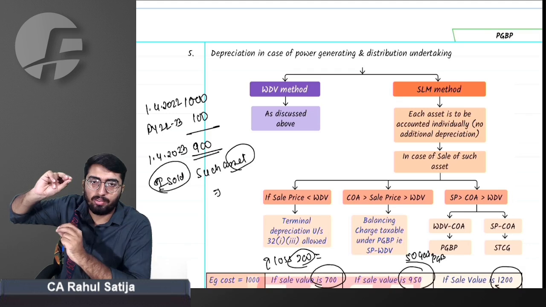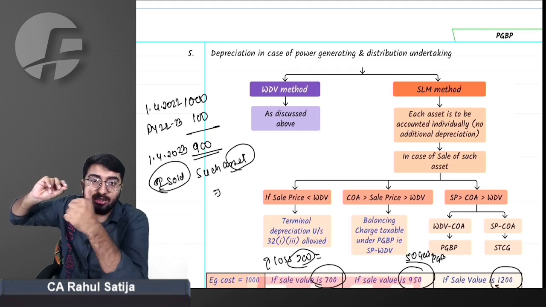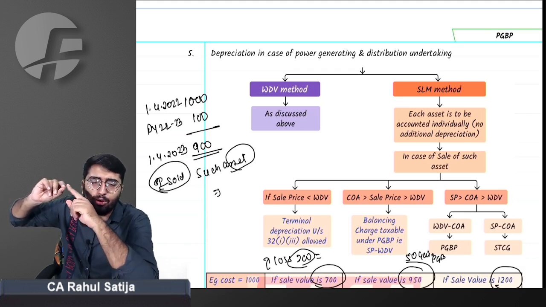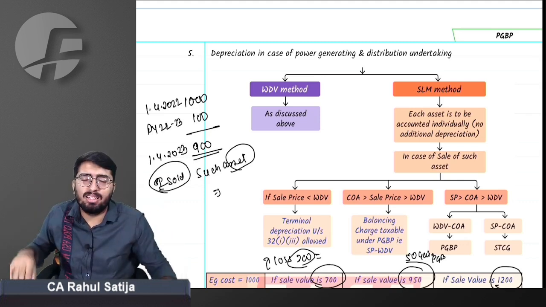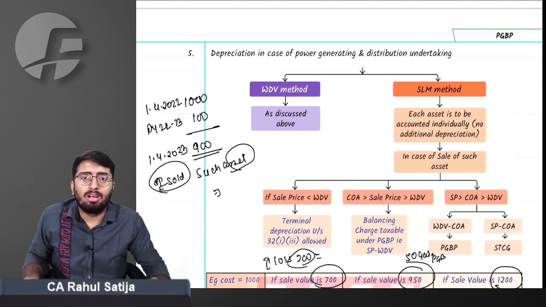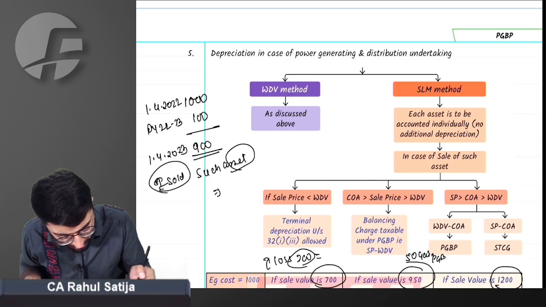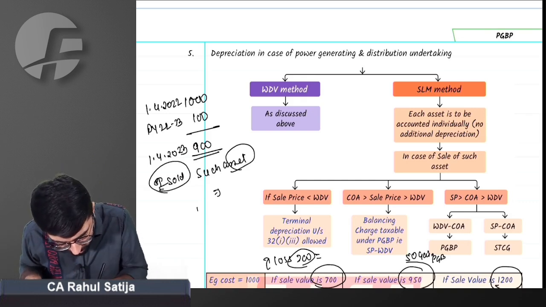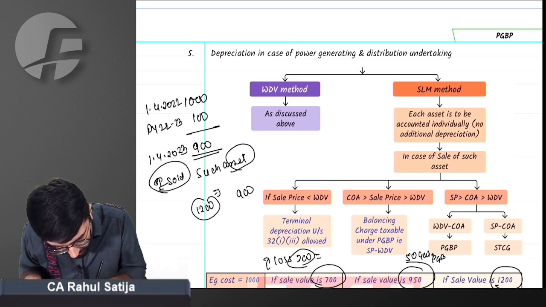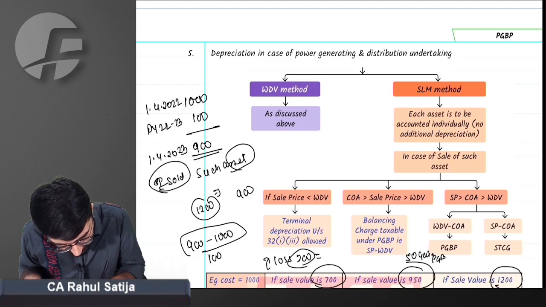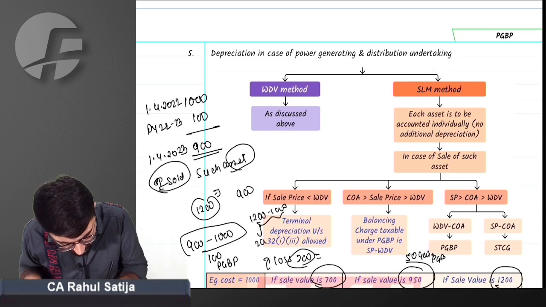From WTV till cost of acquisition, whatever the gain I am having will be chargeable to head PGBP, and from cost of acquisition till the actual sales, gain will be under the head capital gain. Sir, from 900 to 1000, difference rupees 100 will be chargeable to head PGBP, and 1200 minus 1000, 200, will be chargeable to capital gain.